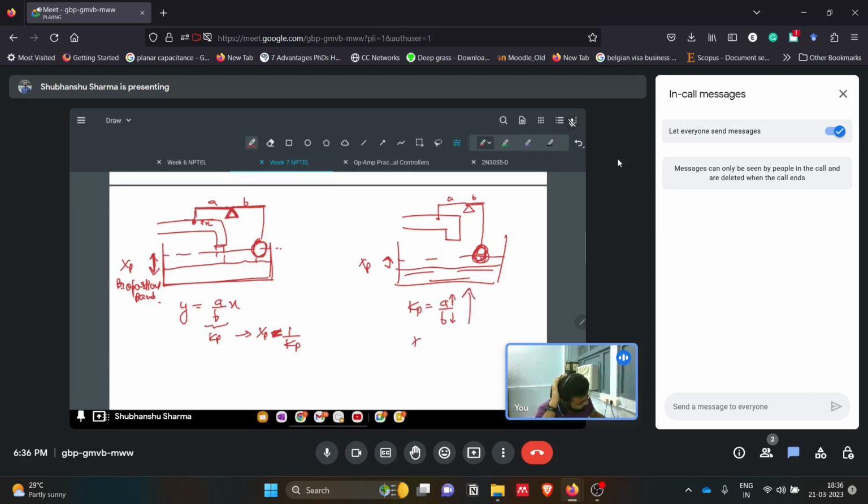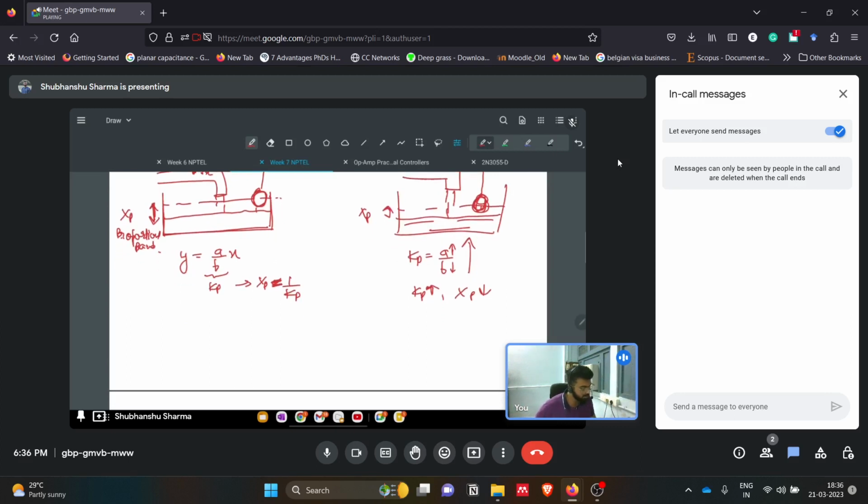Since Kp is inversely proportional to Xp, the proportional band is decreasing. In this way, we can change our proportional constant Kp, and based on that, Xp and all those things will change.